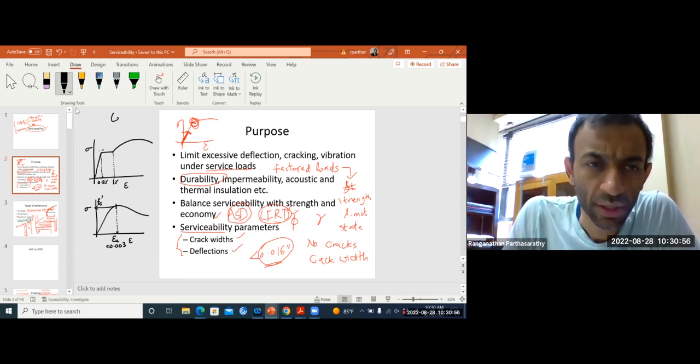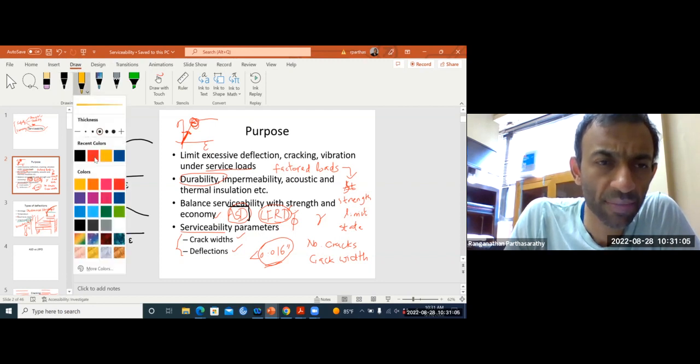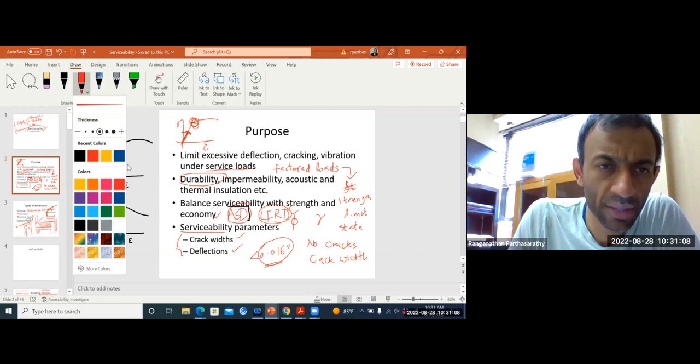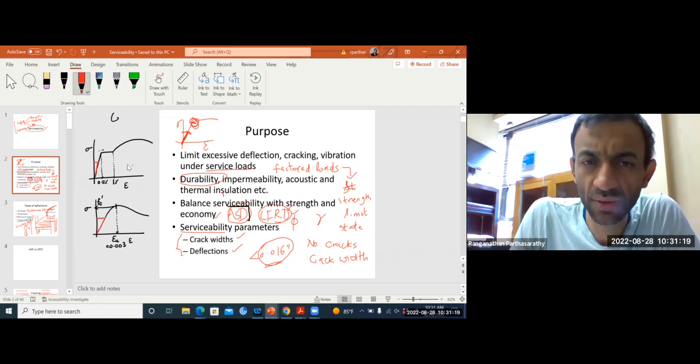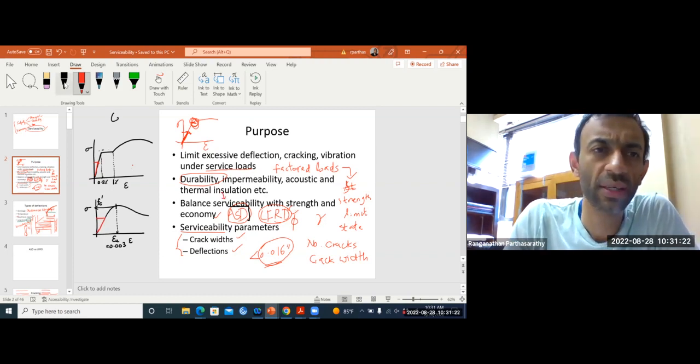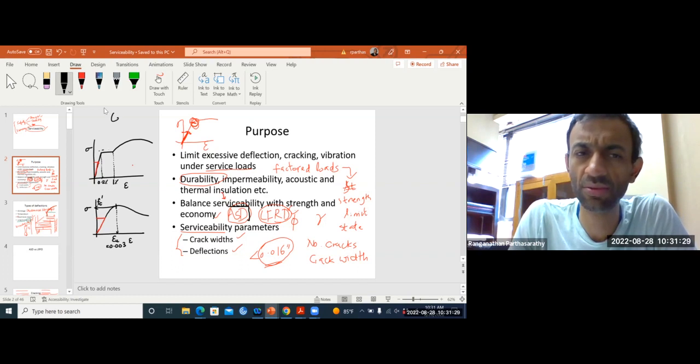Okay. So what was being done in allowable stress design was that the stresses in both concrete and steel were kept within a certain value in the linear elastic range. So in allowable stress design, serviceability was not explicitly accounted for, because it was anyway in the linear elastic range and the deflections are very small.